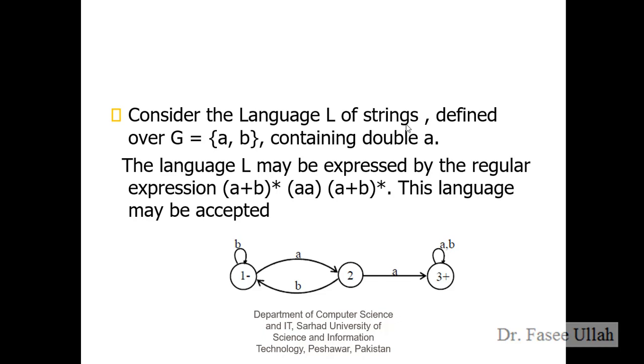We have another example from a set of A and B. The condition is double A. First of all, you have to write the double A in the expression, starting and ending with the same, and then we can see whether it fulfills the requirement in the finite automata for double A or not.